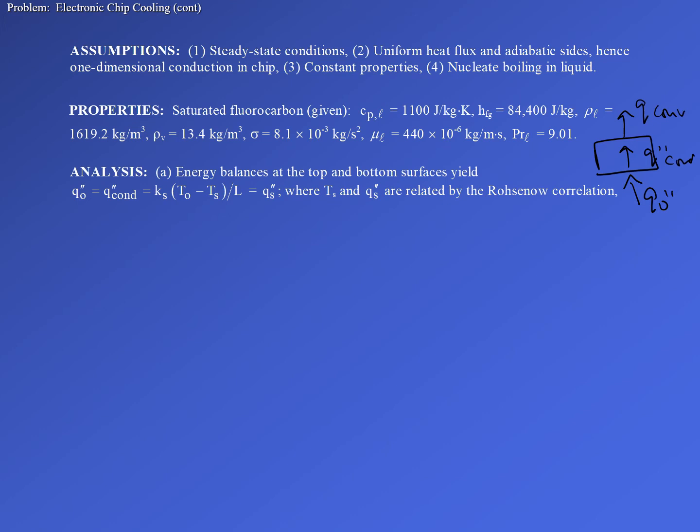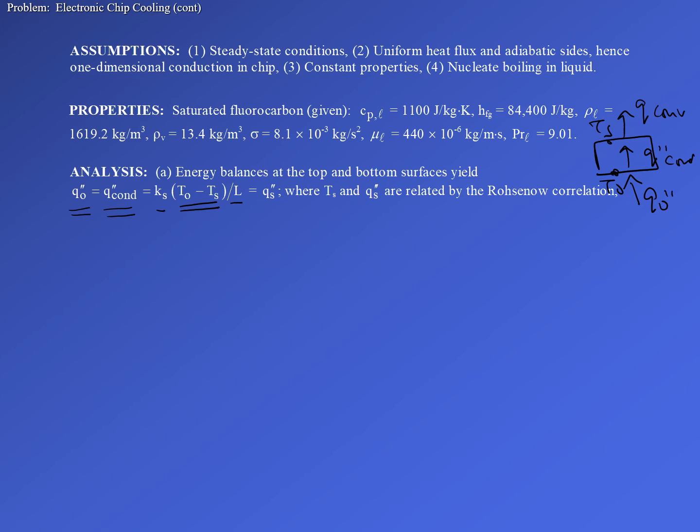So we can write this Q naught double prime equal to Q naught double prime conduction, and we know that the conduction flux can be written as the potential difference, which is T naught at the bottom and Ts at the top, divided by the thermal resistance, which is L upon Ks.